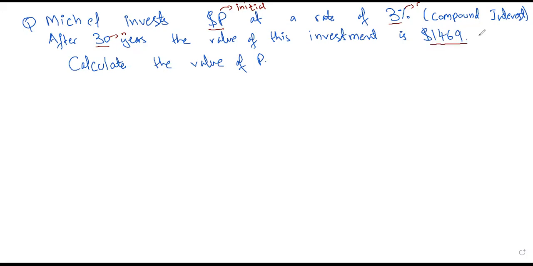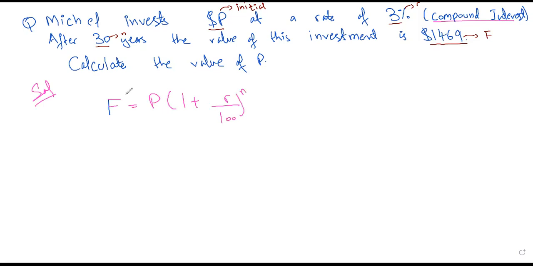So this is F. Calculate the value of P. We basically need to find the initial amount. So again, for finding the initial amount, we are going to use the formula. Since it is compound interest, I will start my solution with this formula: F equals P into 1 plus R by 100, to the power N.